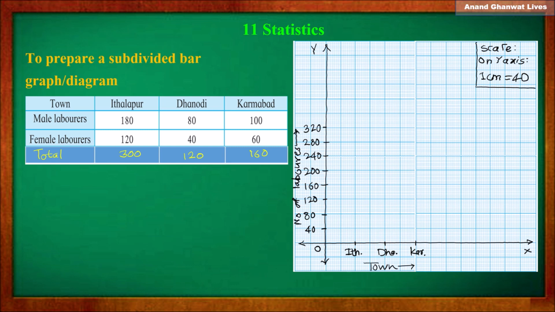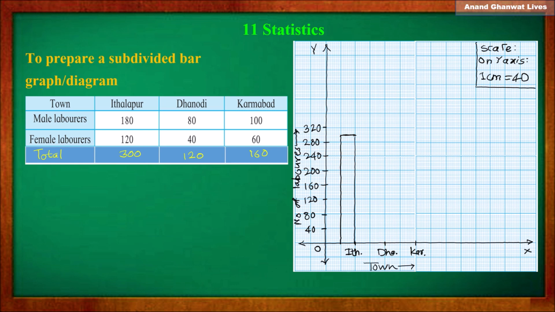Now draw the first bar of Ithalapur, which has total laborers 300. So 300 is here, Ithalapur. Then total number of laborers in Dhanodi is 120.